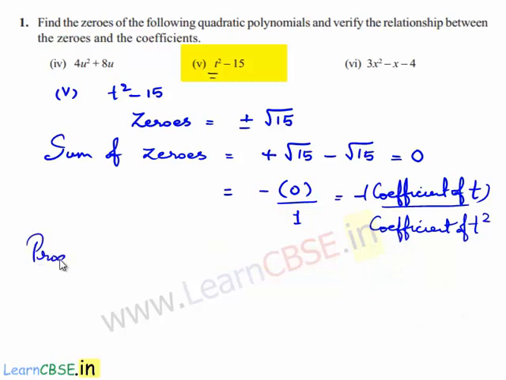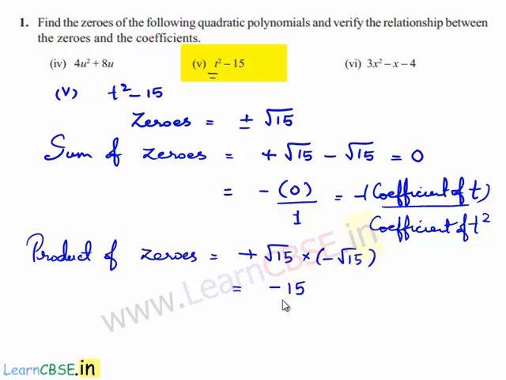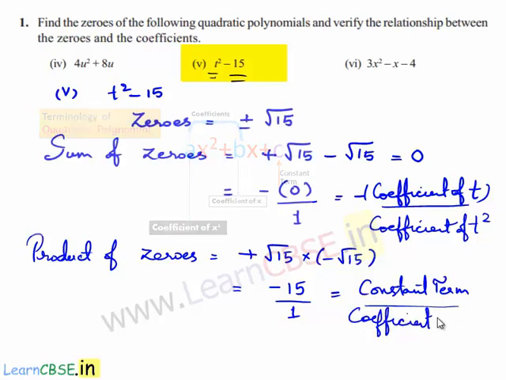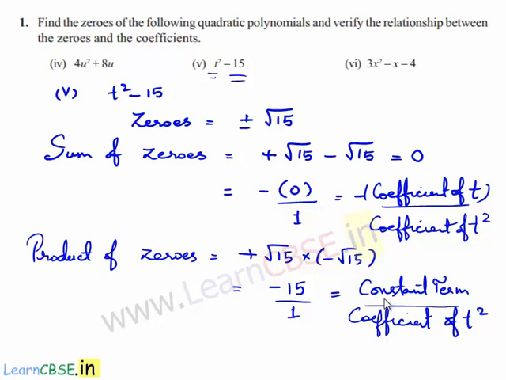Now the product of the zeros is equal to plus root 15 multiplied by minus root 15, which is equal to minus 15. This can be written as minus 15 divided by 1. If we observe, minus 15 is the constant term and 1 is the coefficient of t square. So we can say that the product of the zeros is equal to constant term divided by coefficient of t square.